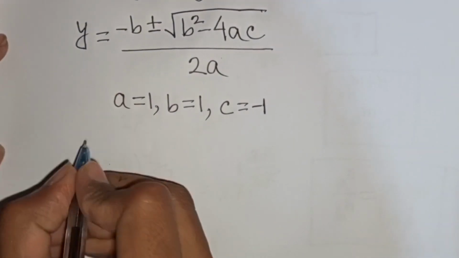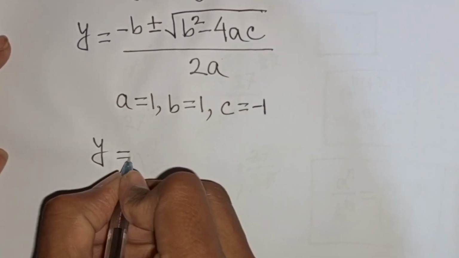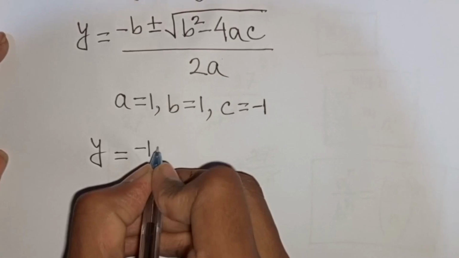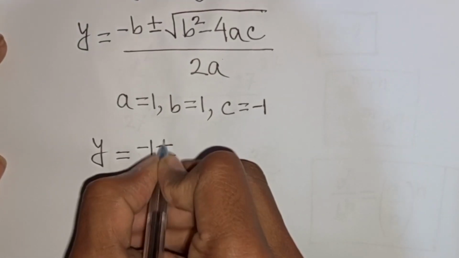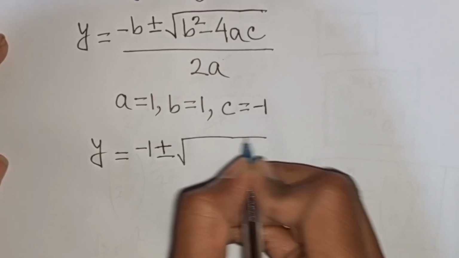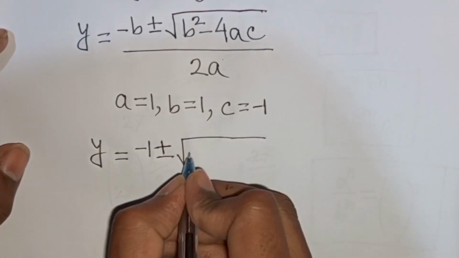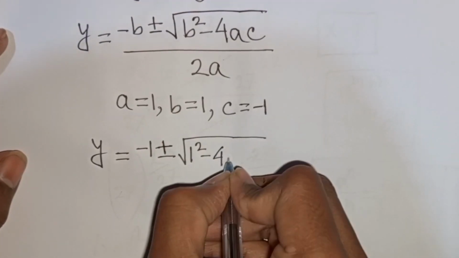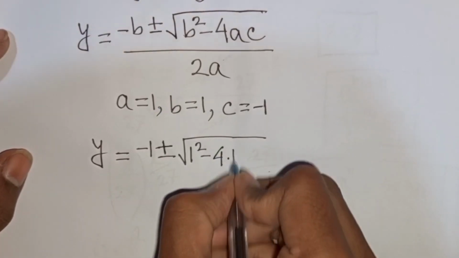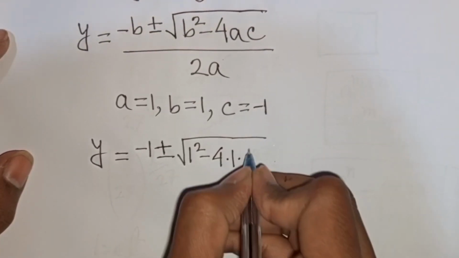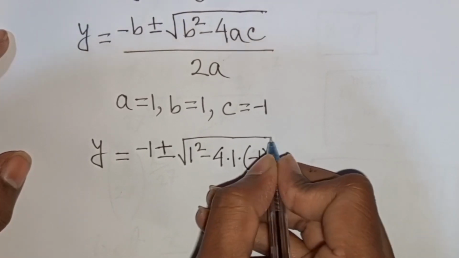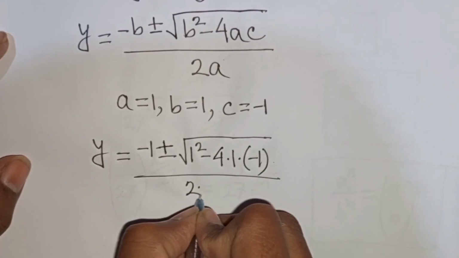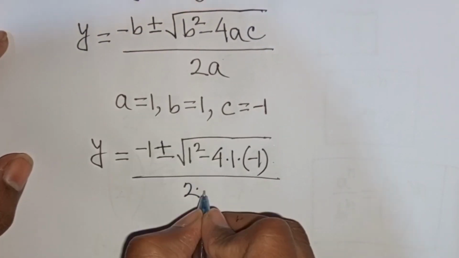Now we can write here y will be equal to minus b, that means minus 1, then plus or minus square root of b square, that means 1 square, minus 4 times a, that means 1, times c, that means negative 1, divided by 2 times a, that means 1.